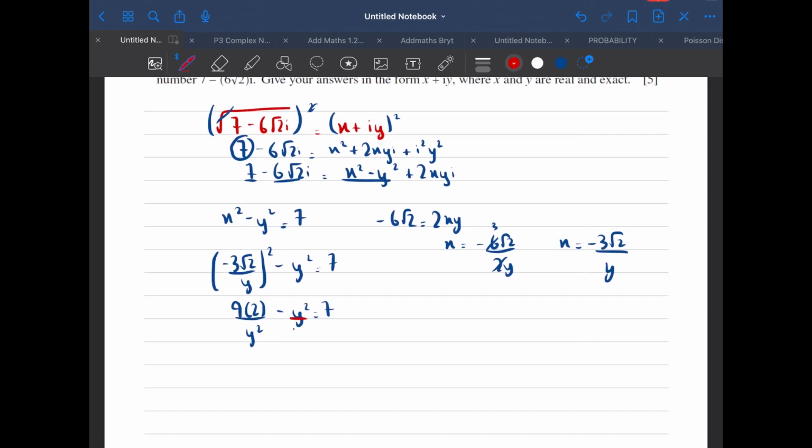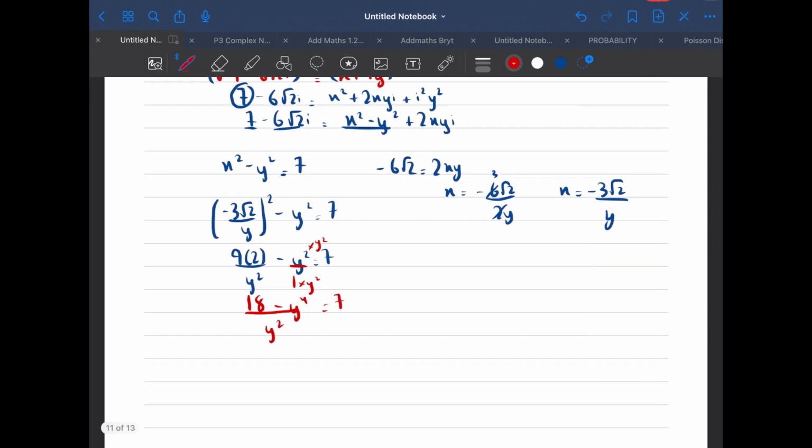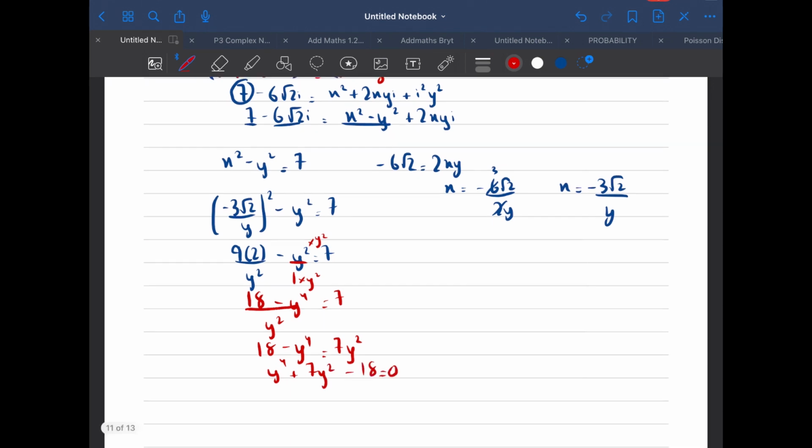Let's find out the LCM, bache. Y square, y square. It's going to be 18 minus y power 4 divided by y square is equal to 7. It's going to be 18 minus y power 4 is equal to 7y square. Y power 4 plus 7y square minus 18 is equal to 0.